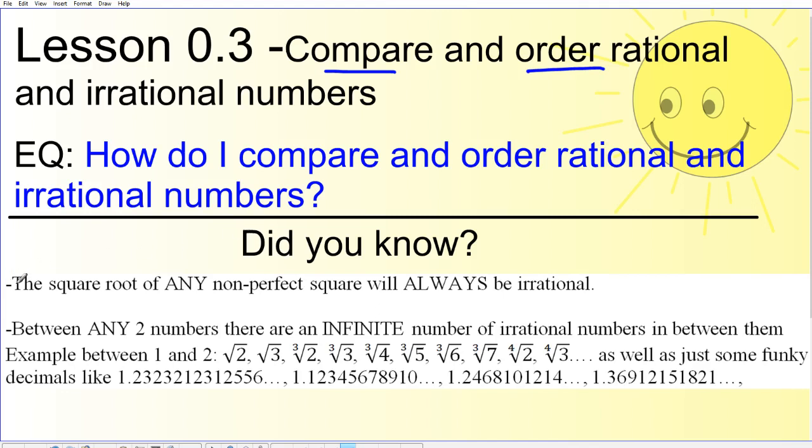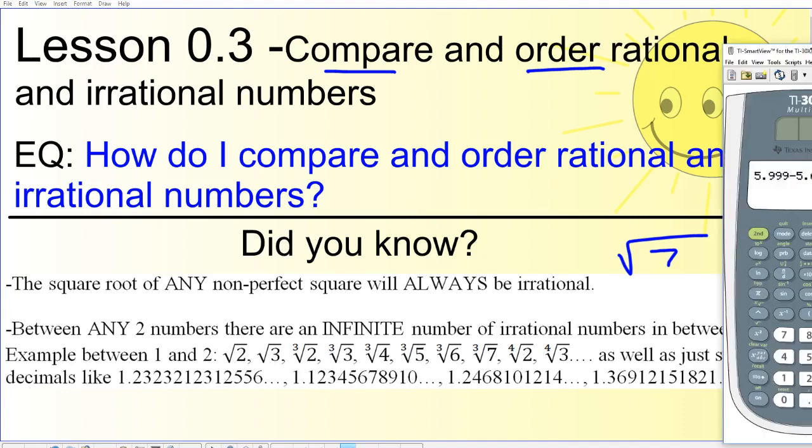Did you know the square root of any non-perfect square will always be irrational? That means if you take the square root of something like, say, 7, 7 is not a perfect square. If I take the square root of it, the square root of 7 equals a decimal.